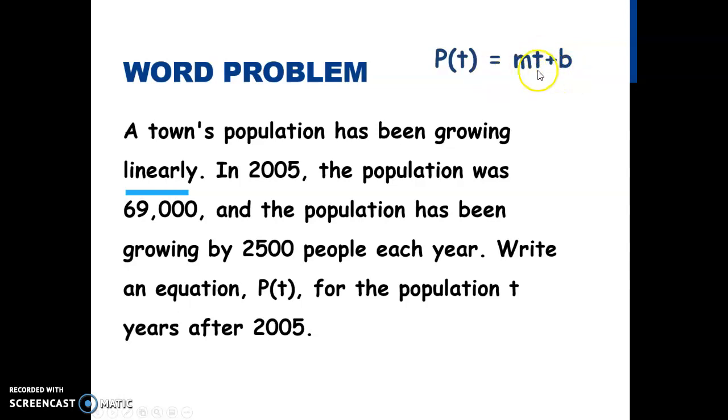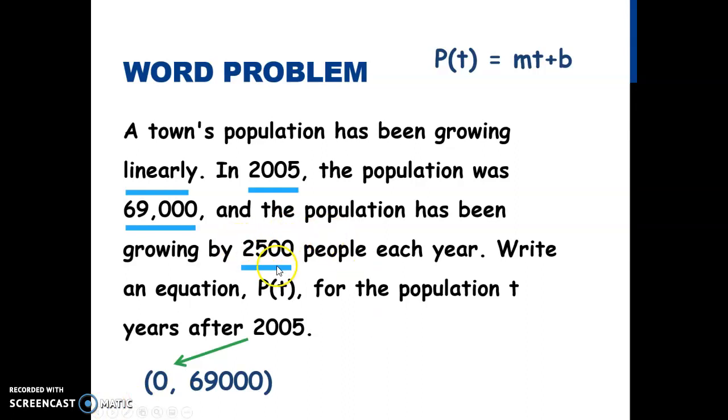To make that formula, I better have some information to find M and to find B. My first piece of information that I read is 2005, 69,000. Well, wait a minute. If we're talking about years after 2005, then 2005 itself is year 0. And so I've got the data point (0, 69,000).